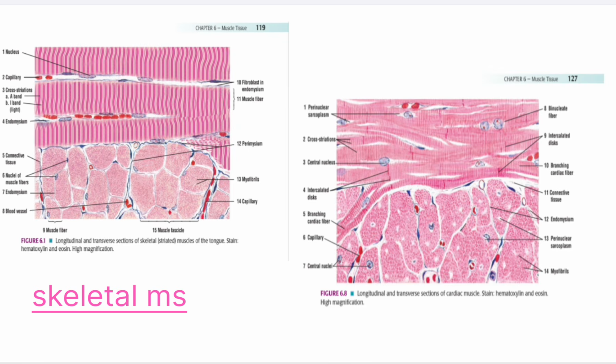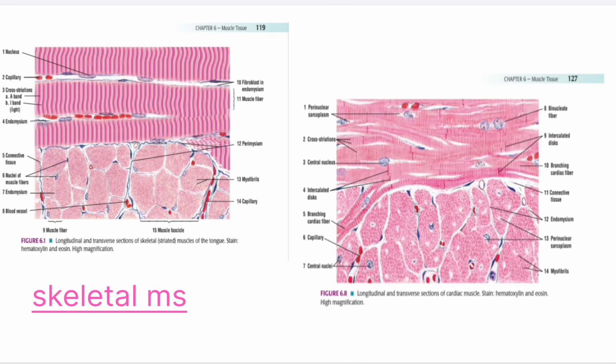So there are striations, alternate dark and light bands, that is the A and the I bands, due to the actin and myosin filaments. And you also see at the periphery there are flattened nuclei. Both the longitudinal and the transverse sections of the muscle have been shown here.